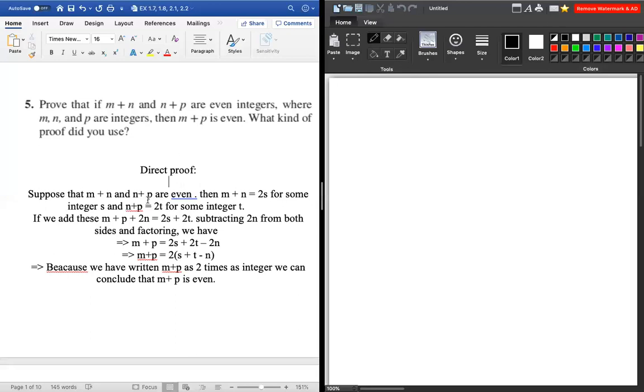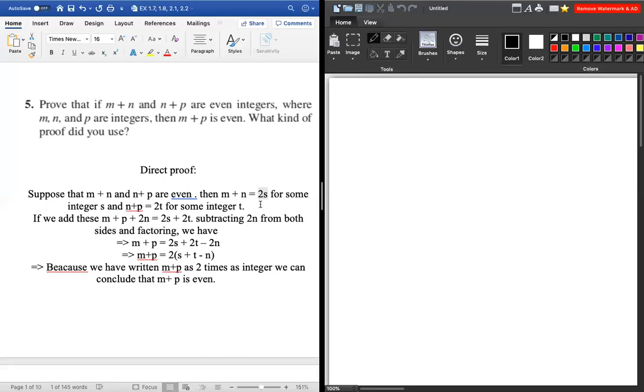Okay, so basically what we did is, we supposed, as in the question, that these are two even numbers, and then we said m plus n equals 2s. So suppose we take some integer s, right? If we multiply that integer by 2, so let's say if that integer is odd, when we multiply it by 2 it becomes even, and if it's even, we multiply by 2, it becomes even as well.